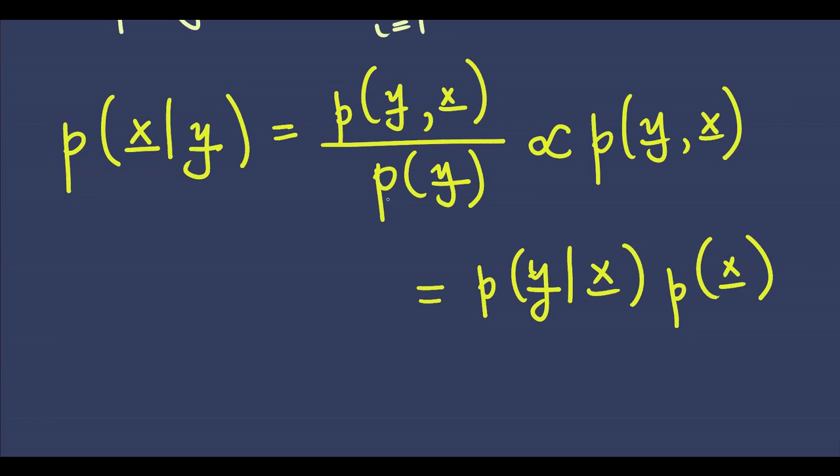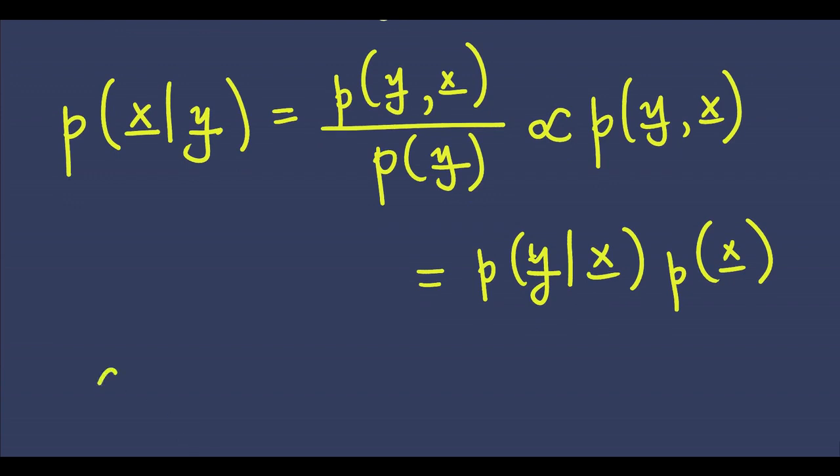That leaves us with two things that we actually know. We know what p of x is, up to a constant of proportionality, and we know this likelihood of y given x, because we've assumed that we know the noise generating mechanism. So these are two things that we can get a handle on. We don't know p of x exactly, but we can write it up to proportionality.